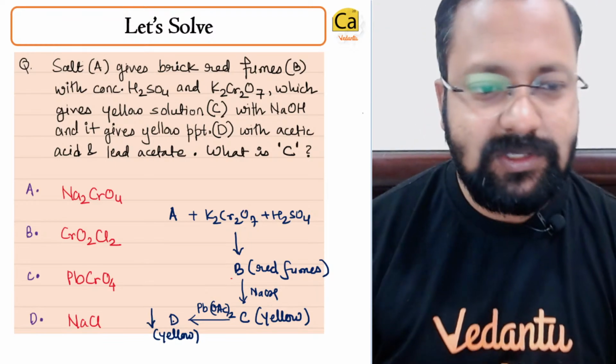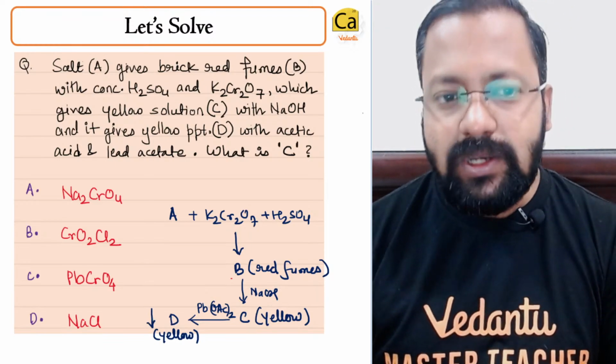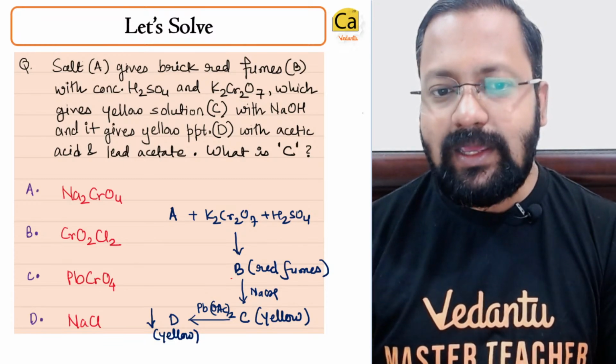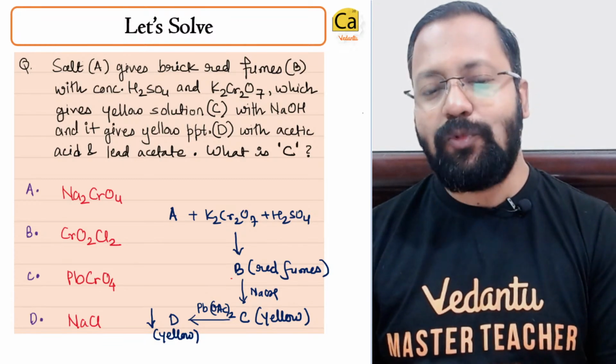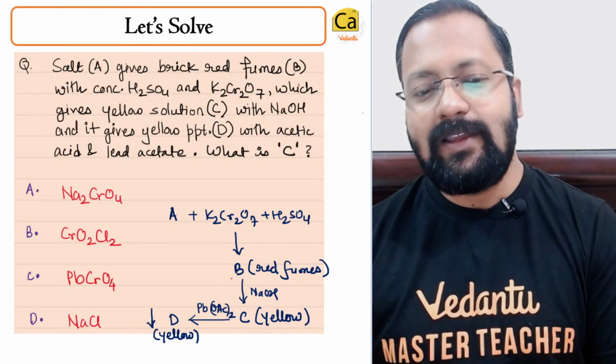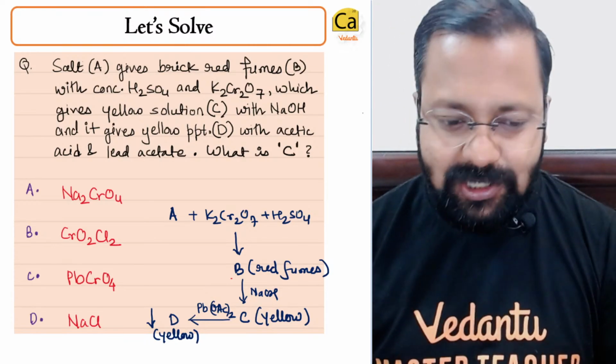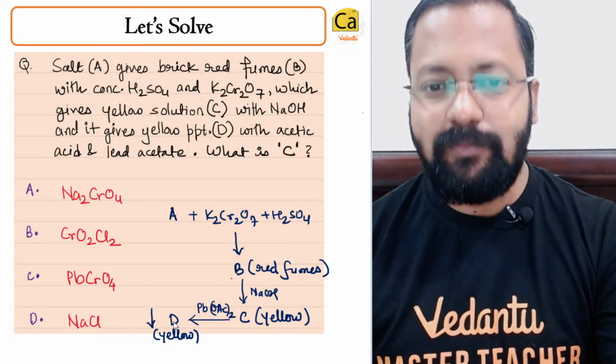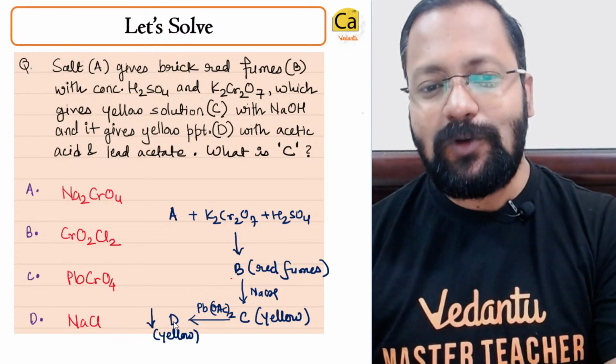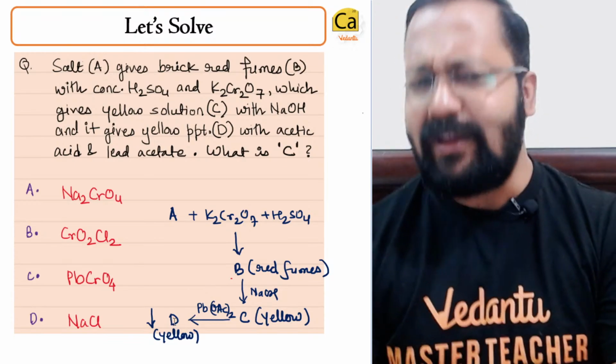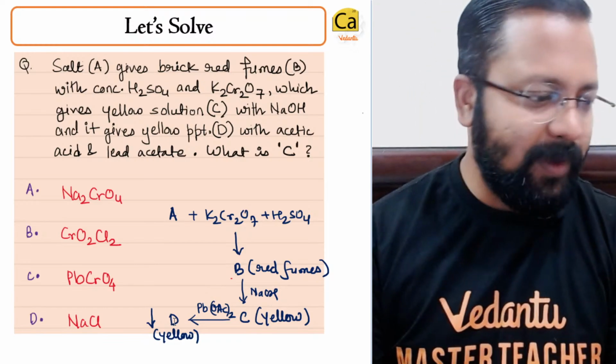The question is, what is C? You have to tell what C is. If you remember this test, then you would be able to answer it very easily. Use your mind a little.